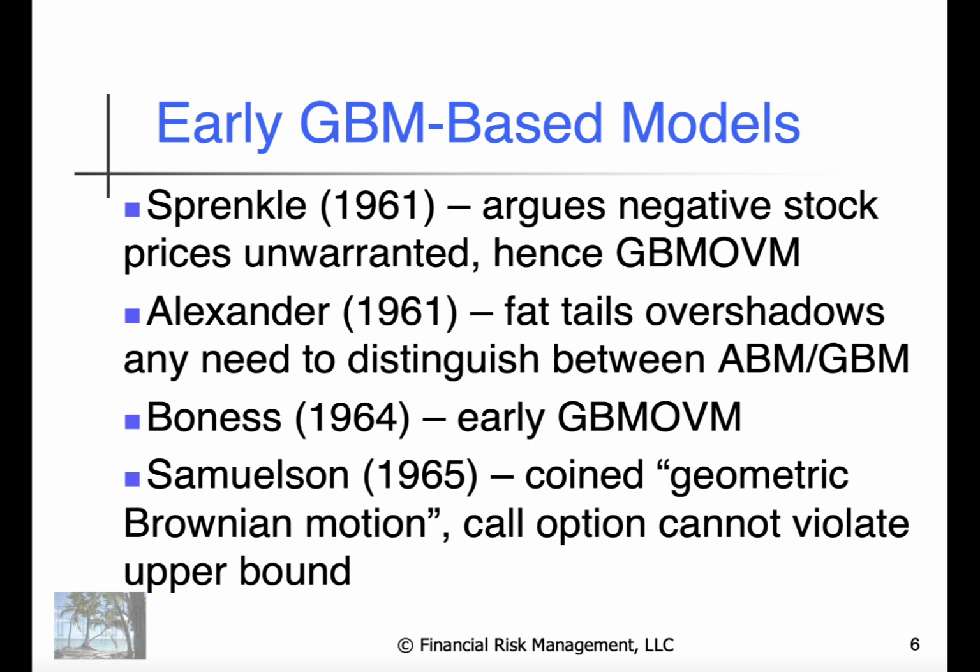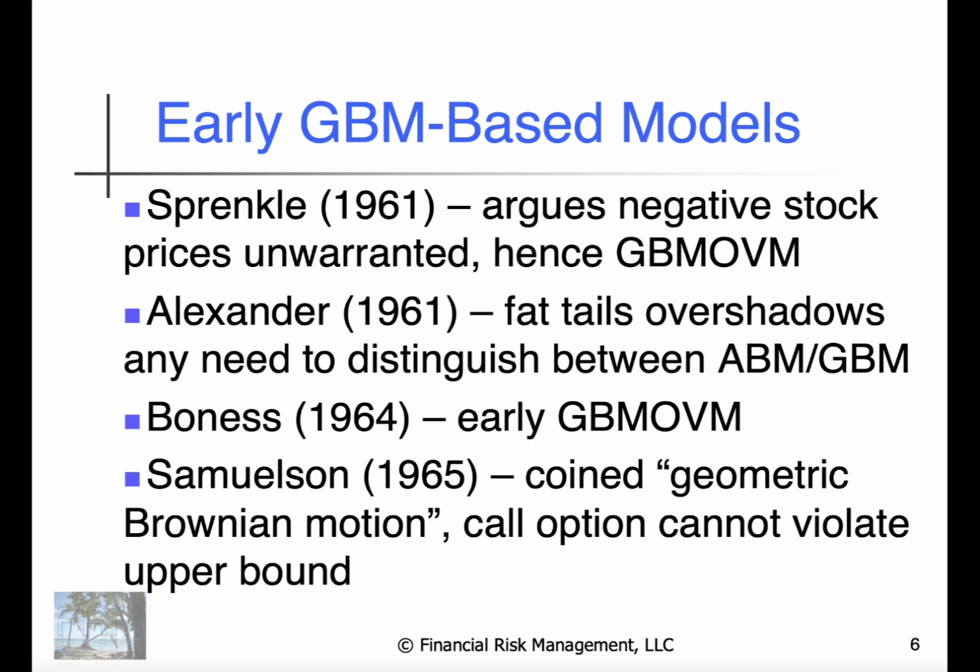Sprenkle in 1961 argues negative stock prices is unwarranted, hence he leans towards GBM. Alexander, same year, noted fat tails overshadows any need to distinguish between ABM or GBM. Boness in 1964 had an early GBM model, but it was really Paul Samuelson in 1965.